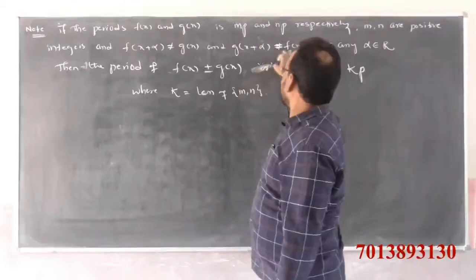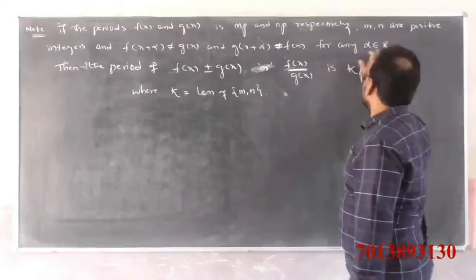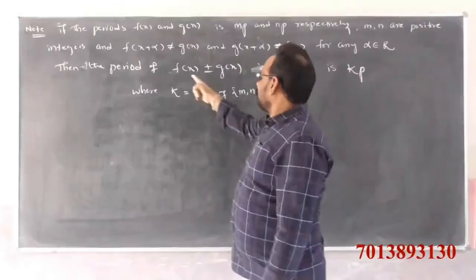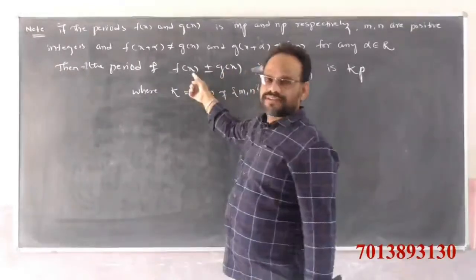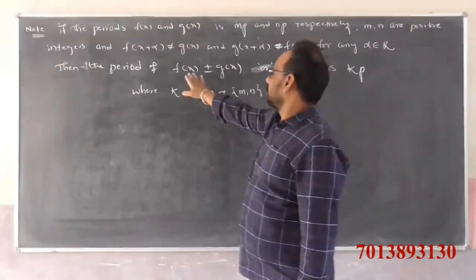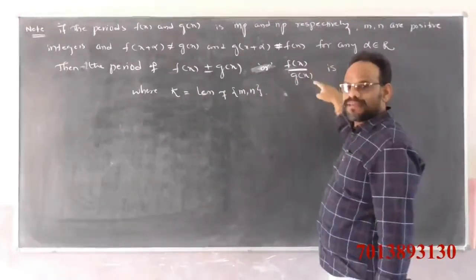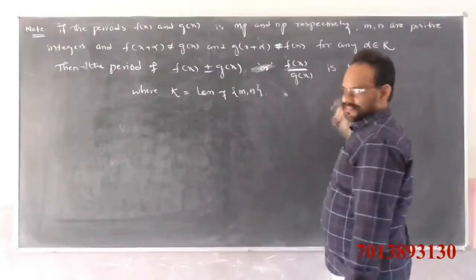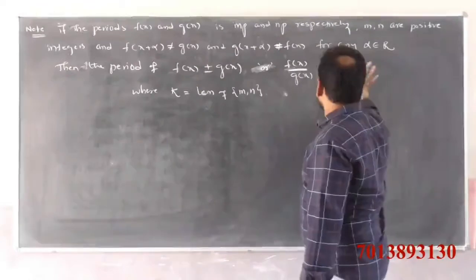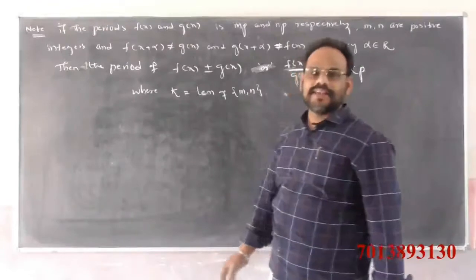For any alpha belonging to R, the period of the sum or difference of two functions, f of x plus or minus g of x, or f of x by g of x, is clearly kp. What is the value of k? Clearly k is the LCM of m and n.